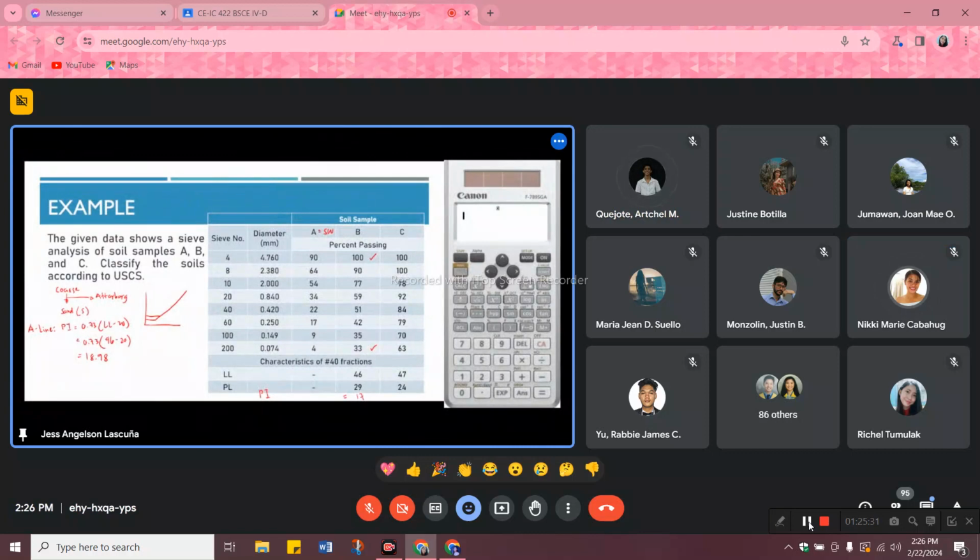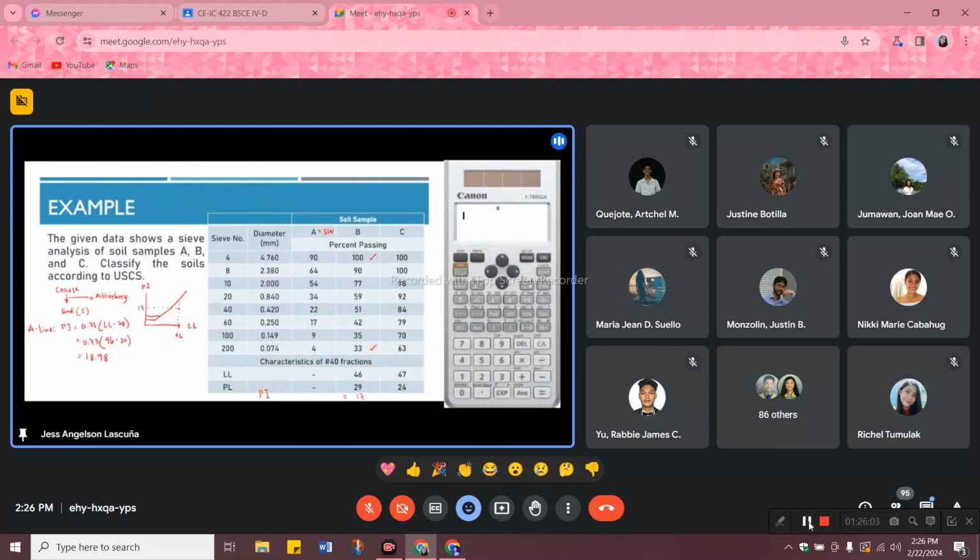Yes, sir. So we analyze it. When we plot soil B on the plasticity chart, LL is 46 and PI is 17.